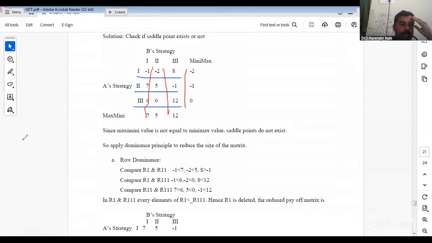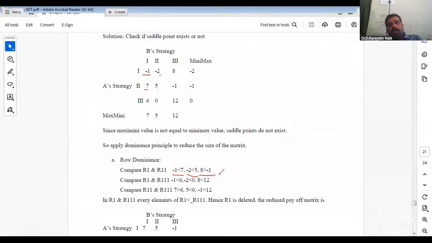Comparing R1 and R2: -1 is less than 7, -2 is less than 5, and 8 is greater than -1.